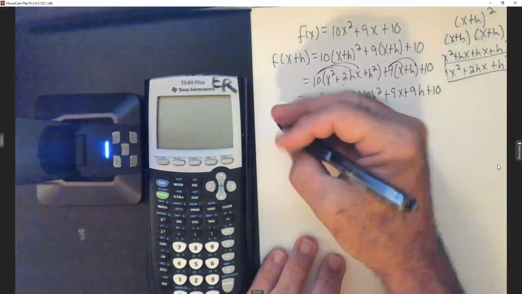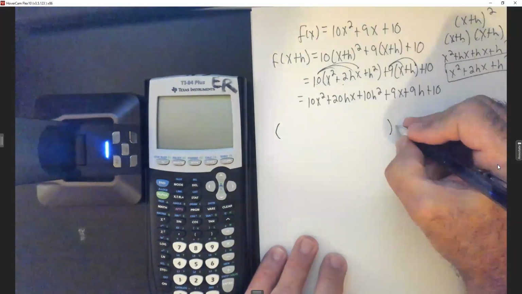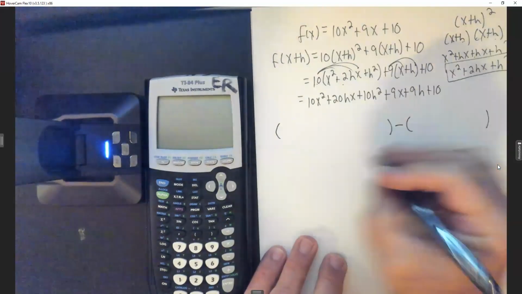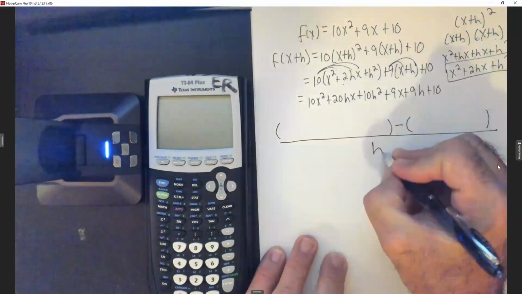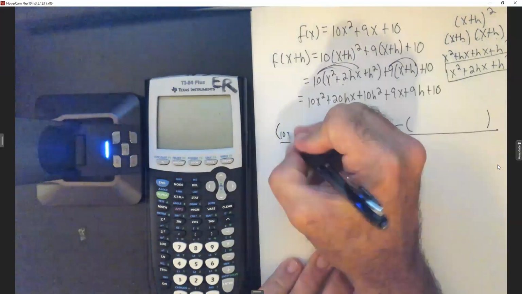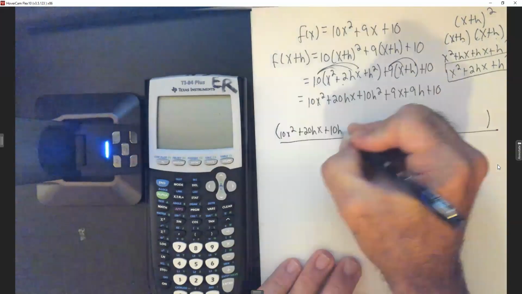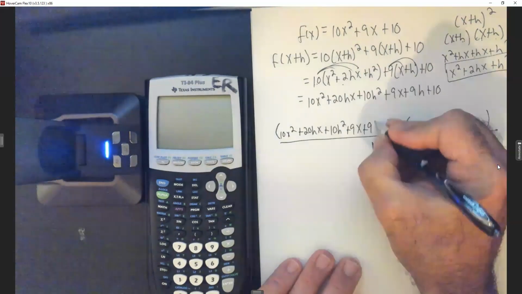So I got a big f of x plus h minus my f of x all over my h. So let me write this in here. 10x squared plus 20hx plus 10h squared plus 9x plus 9h plus 10.